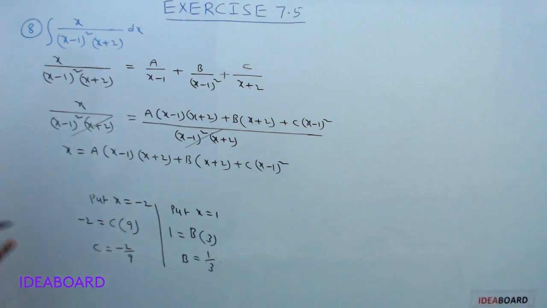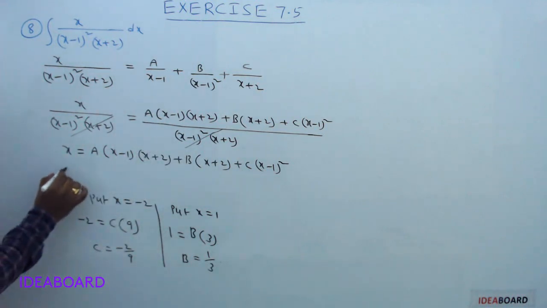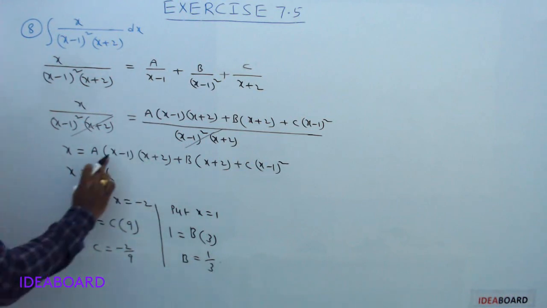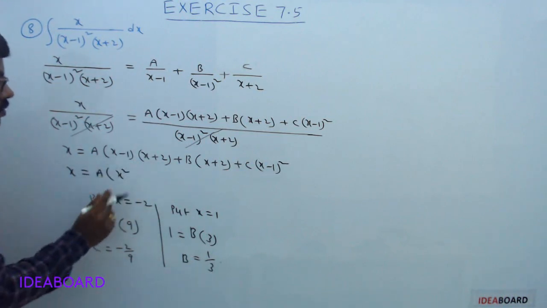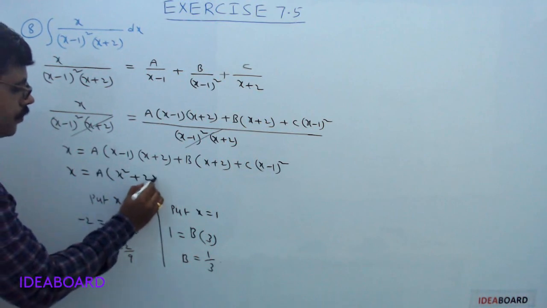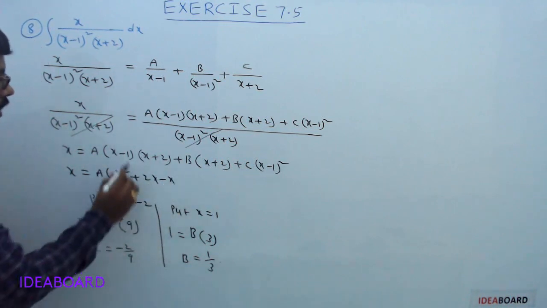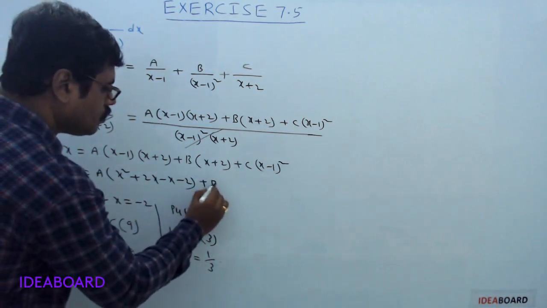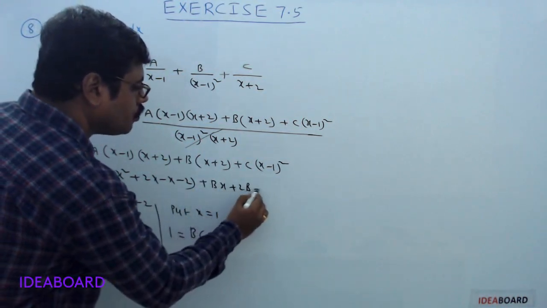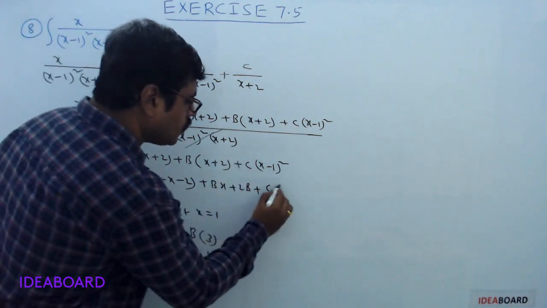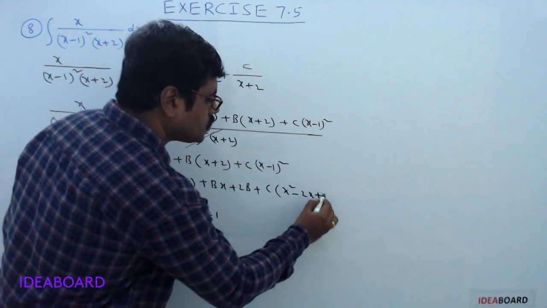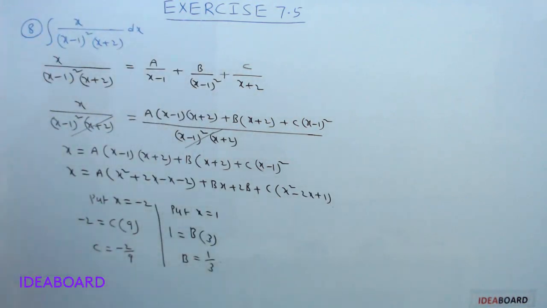a. So how to find out the a value? First, simplify this equation. This is x equals a into, multiply these two factors, x square plus x minus 2, plus bx plus 2b plus c into, use the (a minus b) whole square formula, x square minus 2x plus 1.